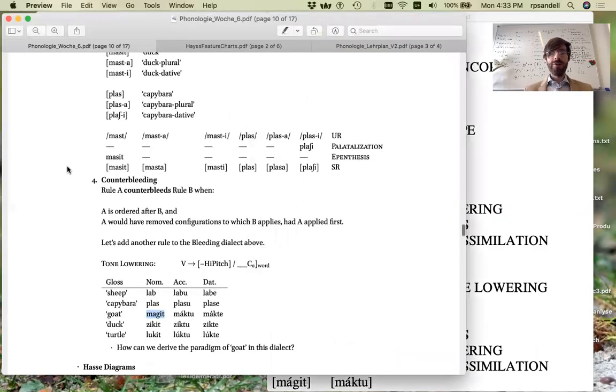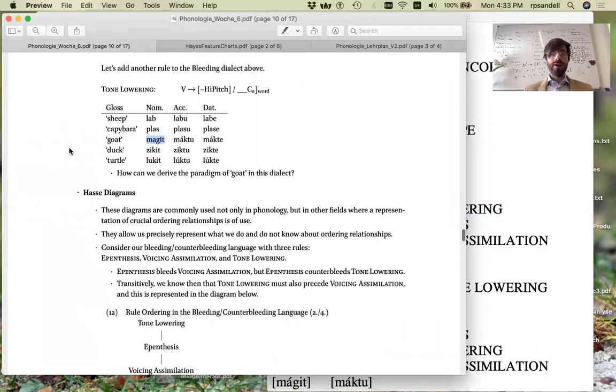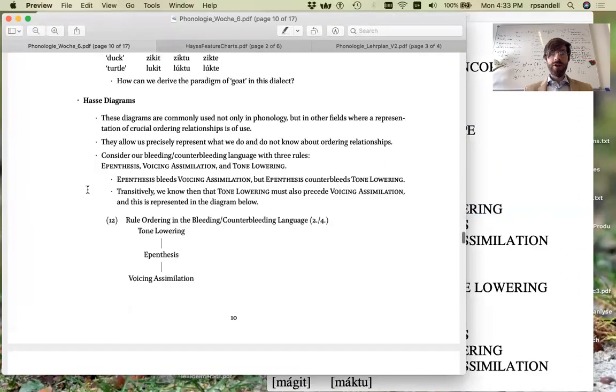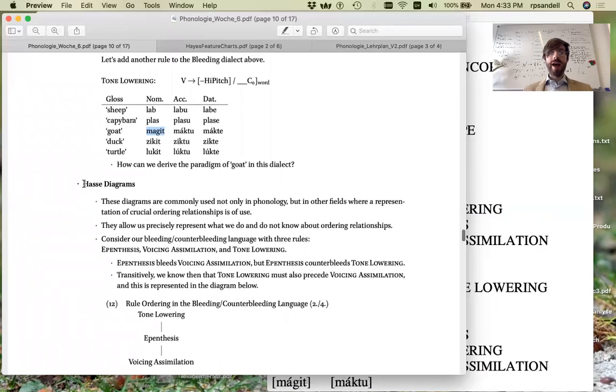Okay, now that we've briefly illustrated all four types of rule ordering, I want to briefly show you a type of diagram that can be used for representing the ordering things. These so-called Hasse diagrams are commonly used in phonology, but they're not only used in phonological analysis, but also in other scientific fields where it's necessary to talk about the crucial ordering of relationships.